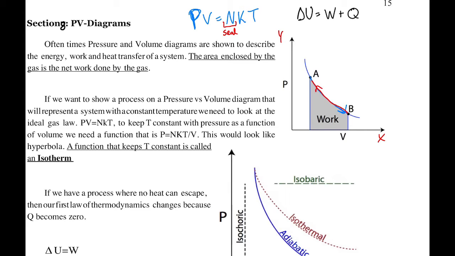So let's think about the process B to A. As you go from B to A, the volume is getting less and less and less, yes? So less volume means that you have compressed the system. Compression. So here, as our work is being done, work is negative P delta V, or a force times the distance of compression.